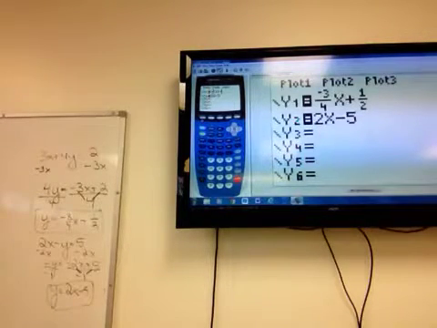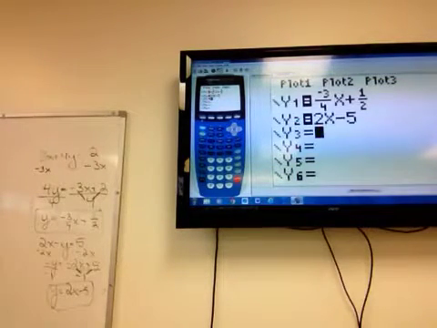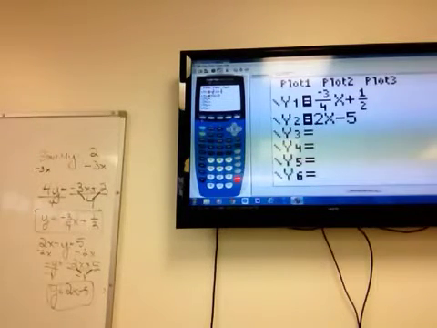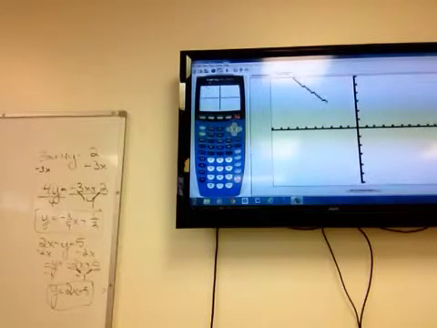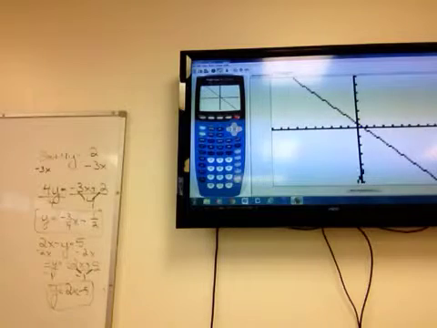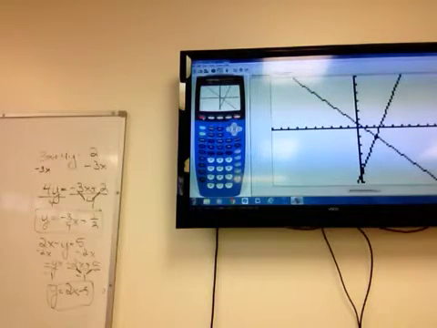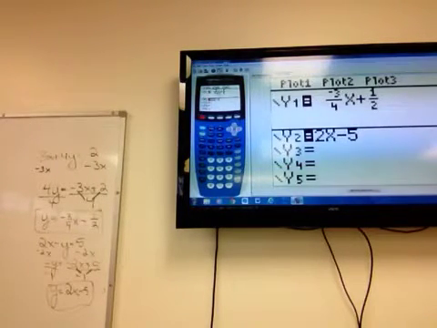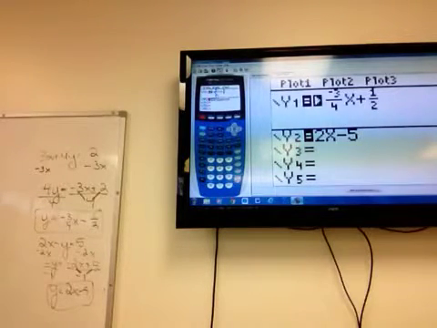Whenever I press graph, whenever I have -3/4, it won't let me graph it. Did you put in X? I put -3/4x. Is the X on the bottom? Or did you cursor out and put the X in, right here? If the X is with the 4, it's not going to work. No, it's like that.